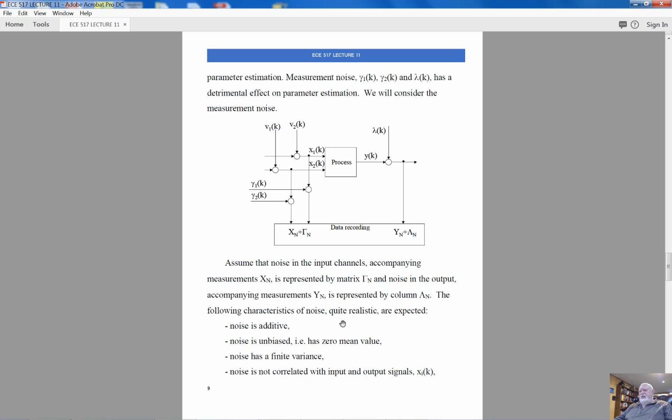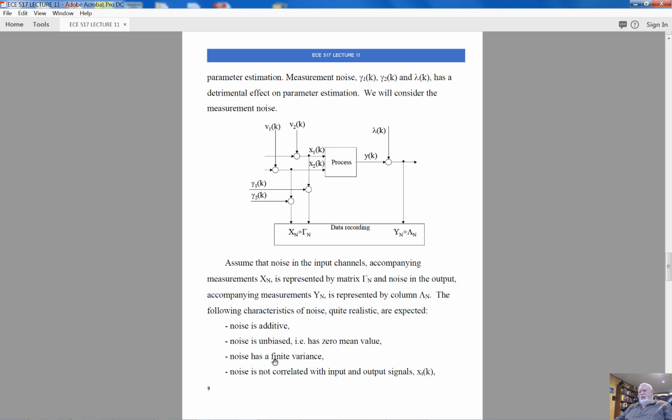They are realistic assumptions. Assumption number one is that noise is additive. So this noise is added to the true signals. Multiplicative noise is a very difficult thing to deal with, but additive noise is something that we can consider and, most important, can handle.